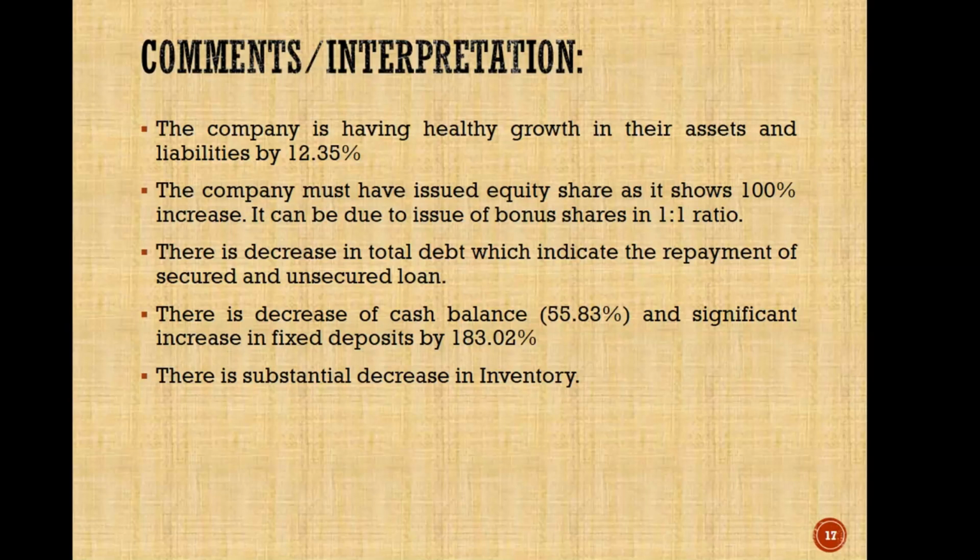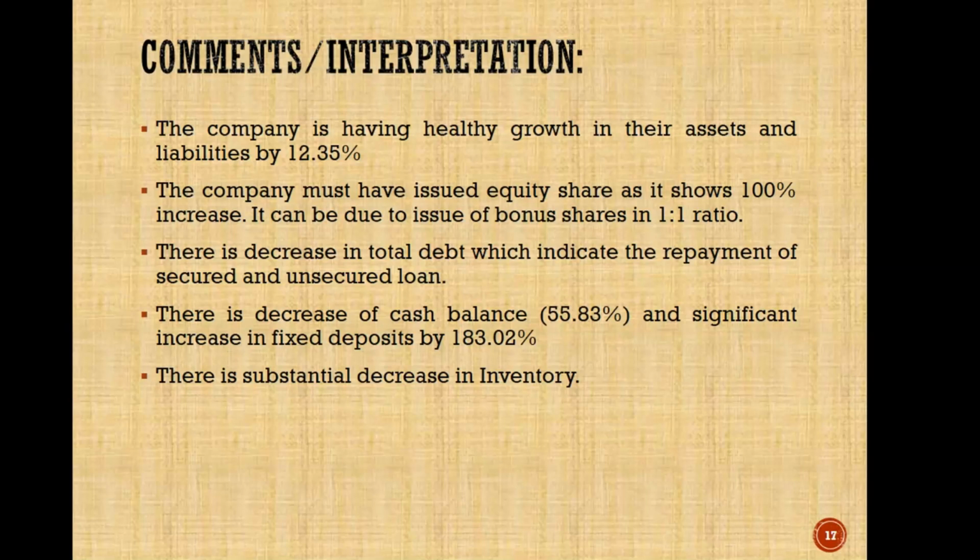Next, there is a decrease in total debt, which indicates the repayment of secured and unsecured loans. So we can see through the statement that there is a decrease in total debt, secured as well as unsecured. Both the debts show a decrease in amount.